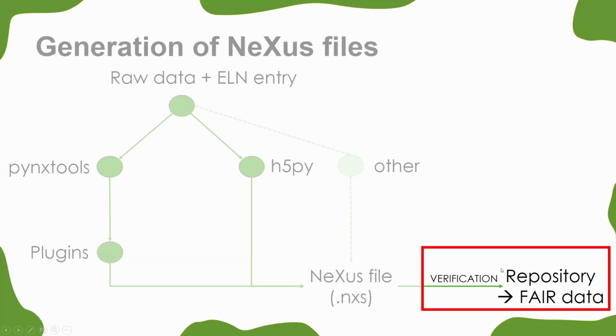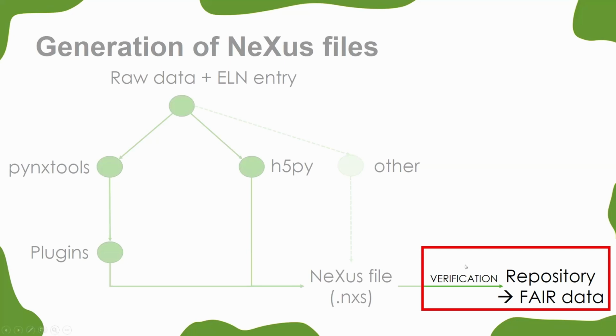And before we can push this data into a repository to have FAIR data, we want to verify this data. We want to have a software which takes a look again at the things and at least tells us, okay, all these elements which you added are fine.